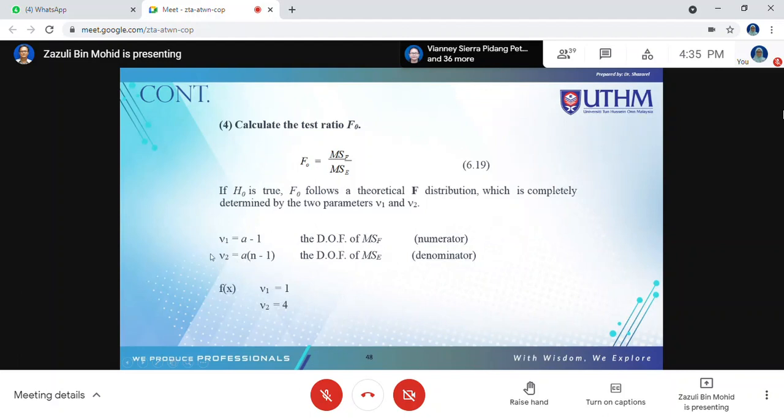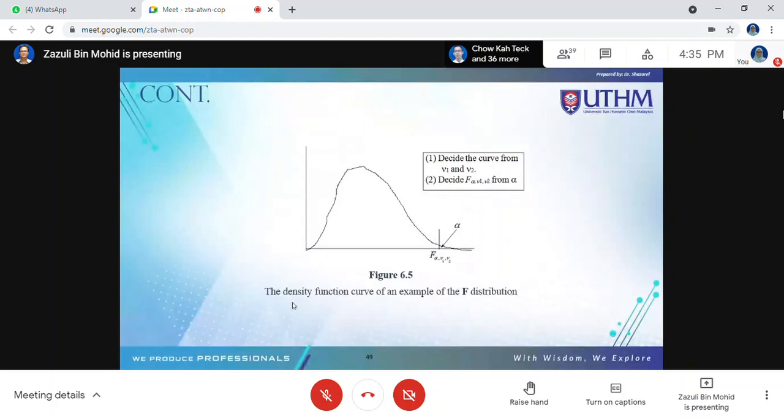For V2, the level is 2 times the number of responses, but for each level we have only 3 responses, so that means 2 times 2 equals 4 here. From this you can refer to the table to get the value of f alpha, V1, V2. Then you can make a comparison on the F value.